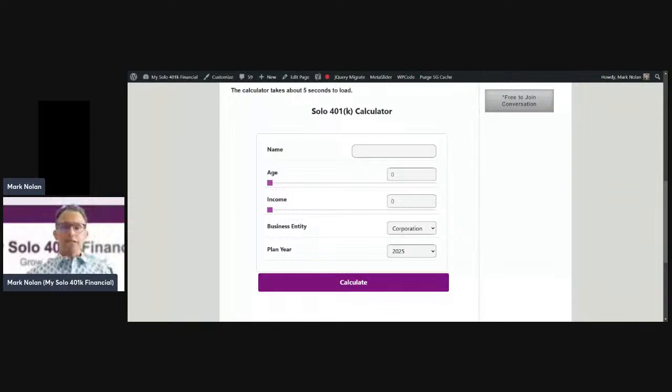So let's plug in that figure of 75,325. We're going to select sole proprietorship, plan year 2025, click on calculate.